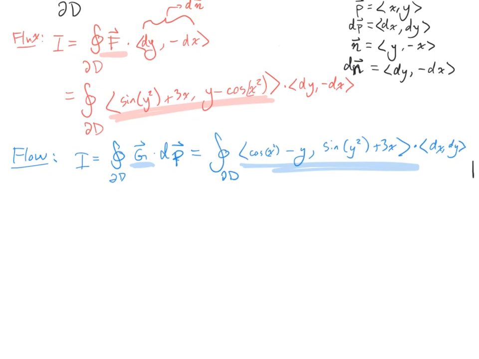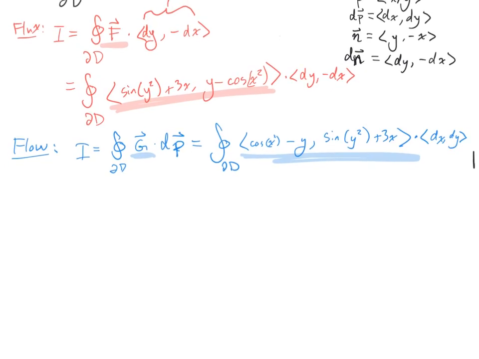So if we're doing this as a flux integral with Green's theorem, then by Green's theorem, my integral becomes the double integral over this disk of radius 3 of the divergence of F dA. And the divergence of F I can compute by taking partial derivatives and adding them.